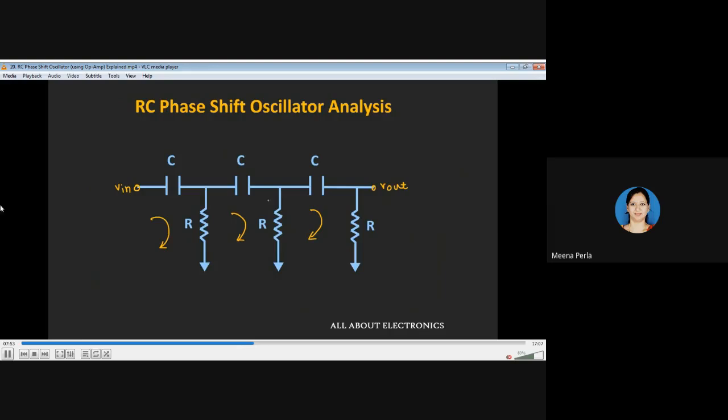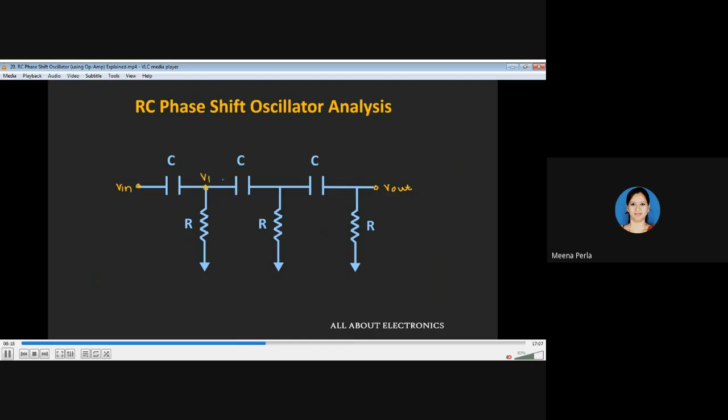If we find it, we get that V out by V in for this network will be equal to minus 1 by 29. So we will derive this V out by V in relation.